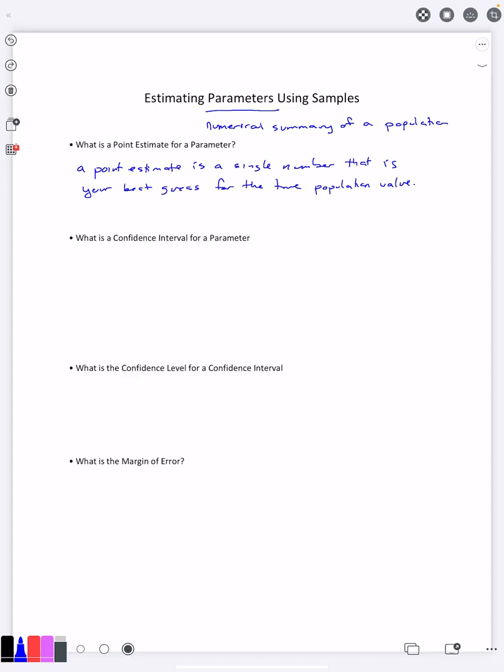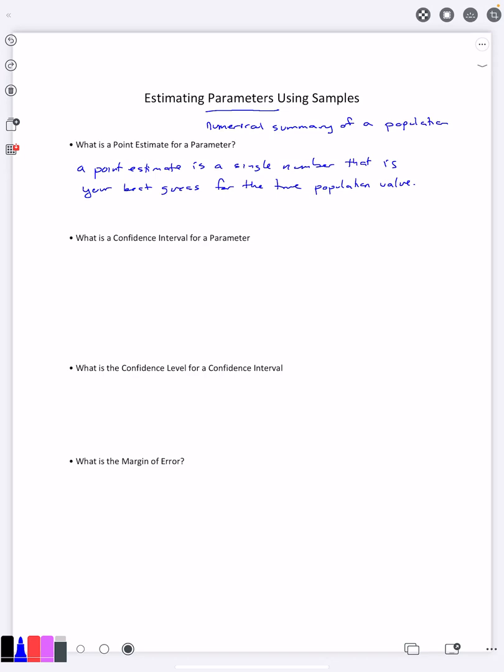And so point estimates are easy to find, but they're in one way always wrong, because you're never going to get the exact right number, but the idea is hopefully at least they're close to the true answer.